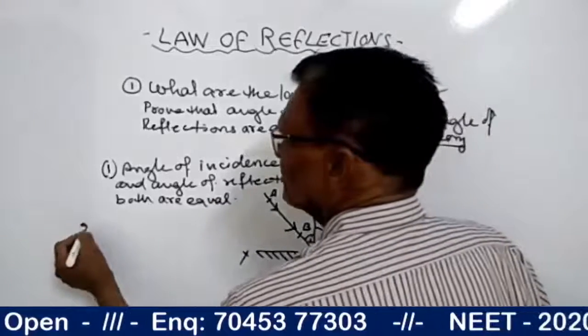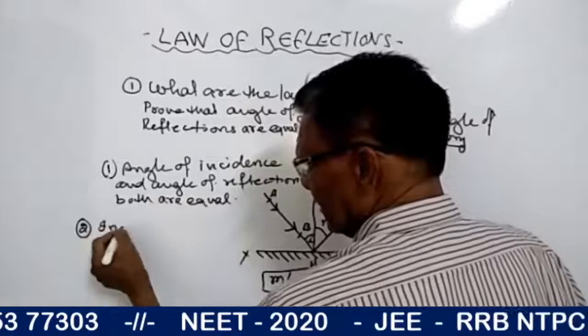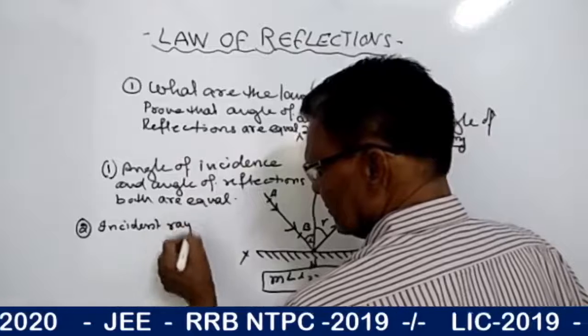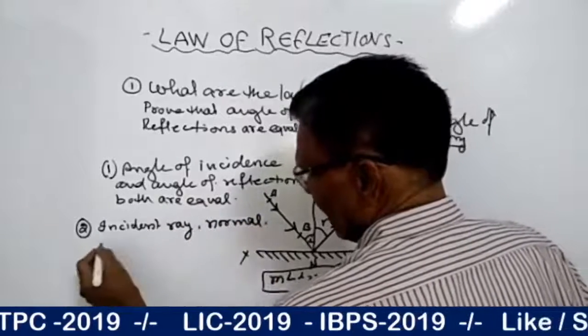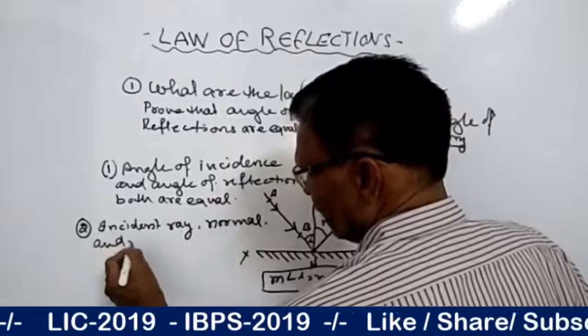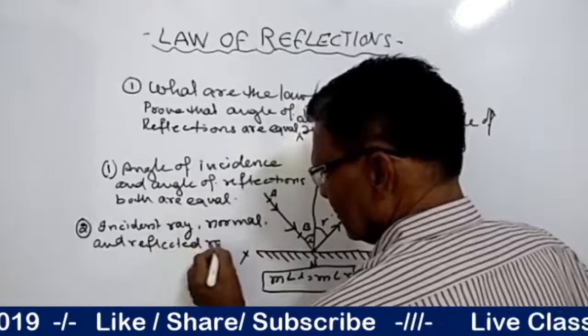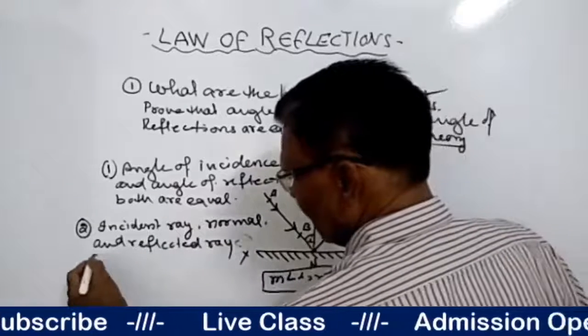Second law says incident ray, normal and reflected ray all are in the same plane.